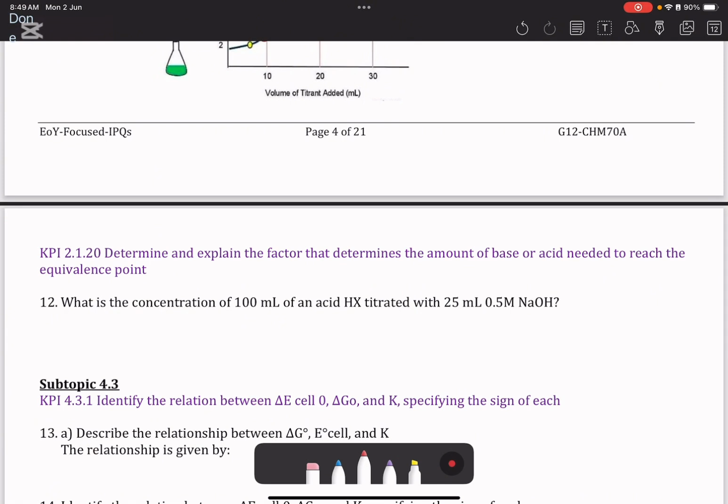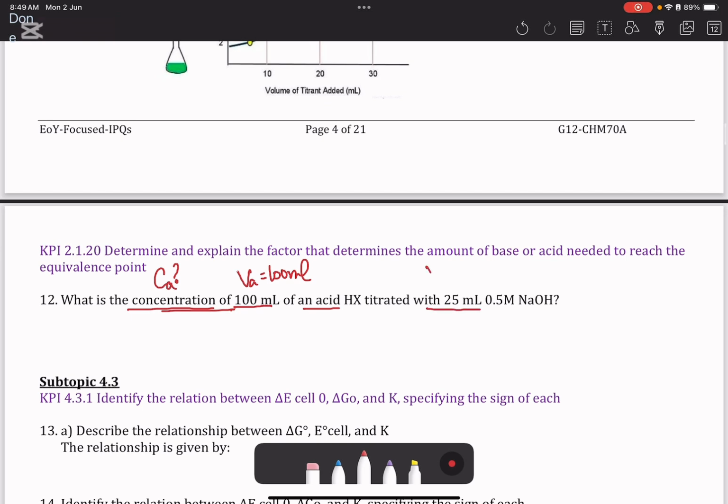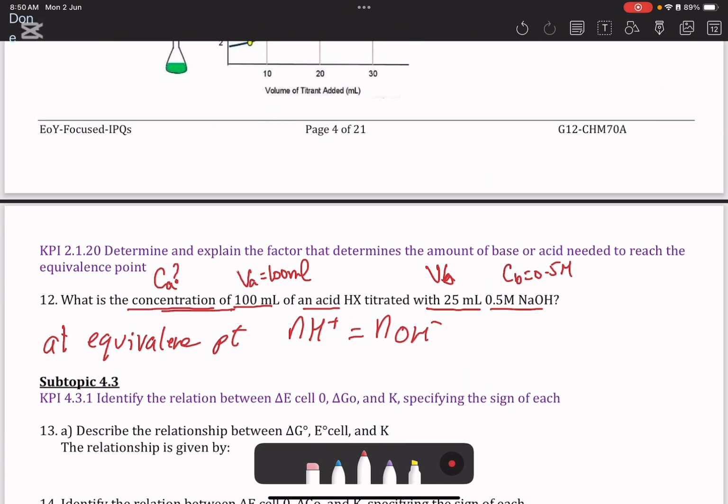And next, what is the concentration of 100 milliliters of an acid when it's titrated with 25 milliliters of 0.5 molar base? Since we have CaVb, at the equivalence point, the moles of the acid are equal to the moles of the base.